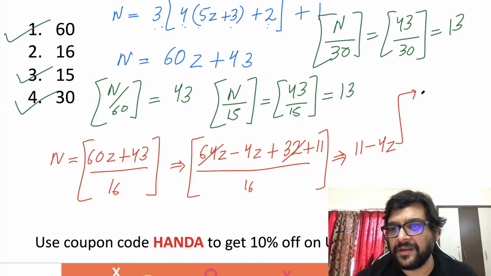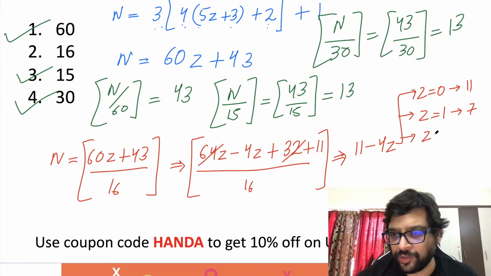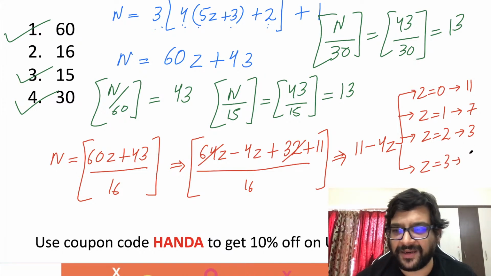which means when z equal to 0, you get 11 as the answer. When z equal to 1, you get 7. When z equal to 2, 11 minus 8, you get 3. When z equal to 3, 11 minus 12 is minus 1, which is the same as 15.